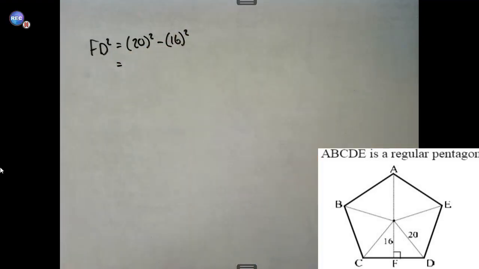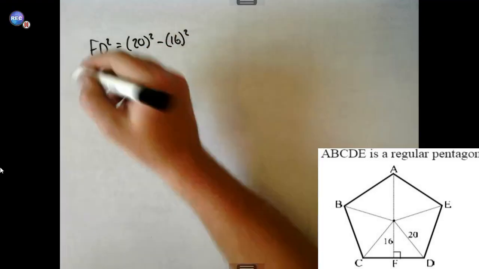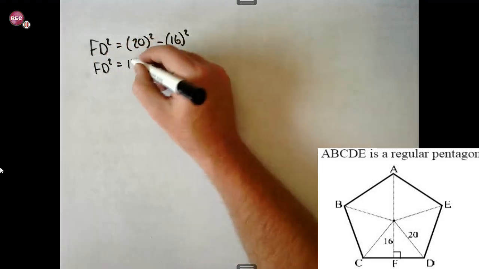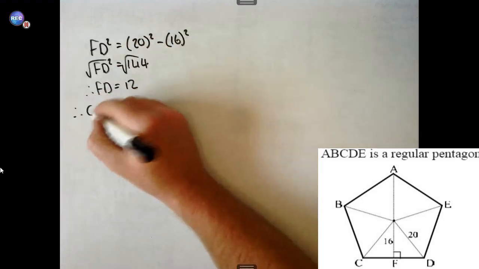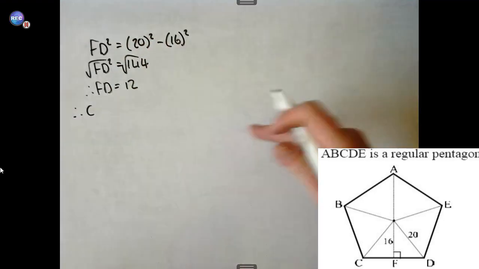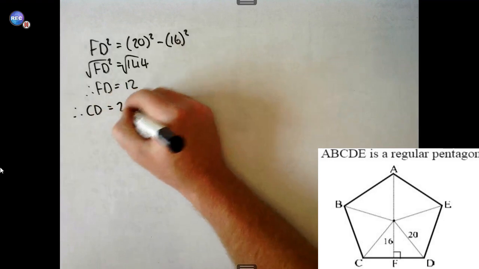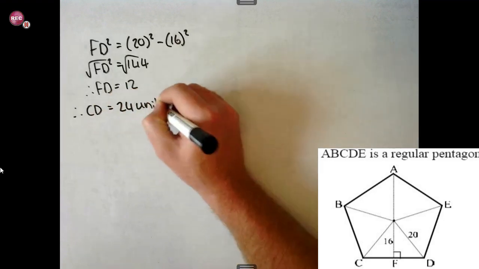When we calculate everything, you should get that FD squared is equal to 144. When you square root that, FD would therefore be equal to 12 units. So if FD is 12 units, therefore CD, which is the total base of that pentagon, would then be equal to 24 units.